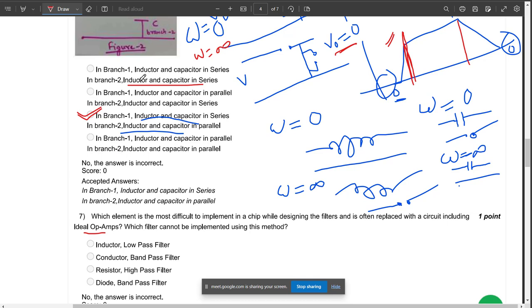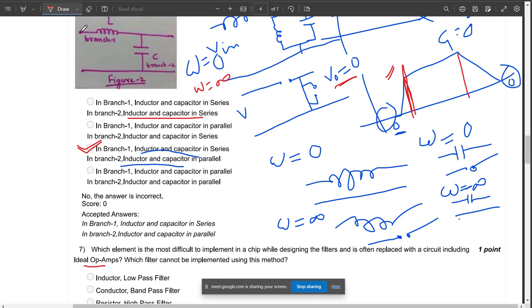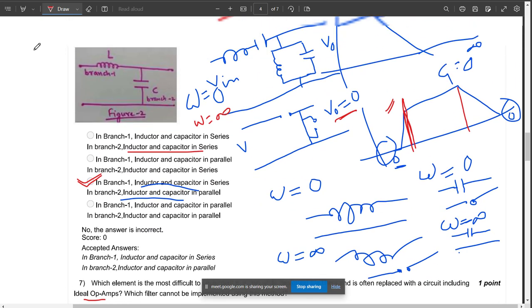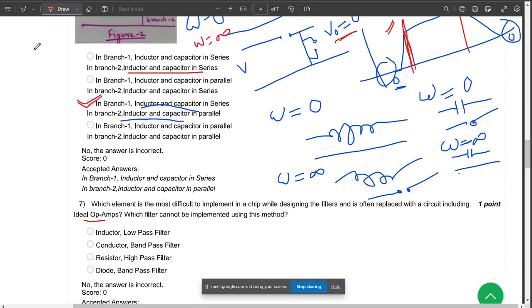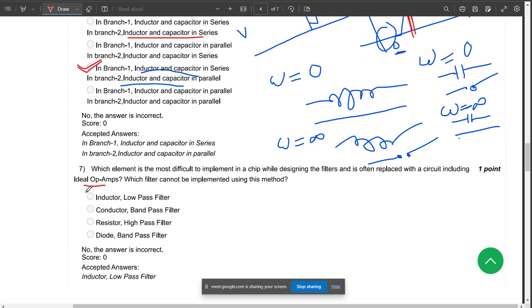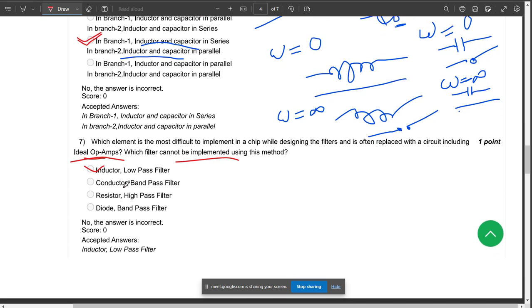But in a low pass filter, the inductor is not grounded and is connected to a different branch having different potential and not zero, which is tougher to implement, and thus the low pass filter is the correct answer, which cannot be implemented using the method where ideal op amps are used. Okay, any doubt, anyone?